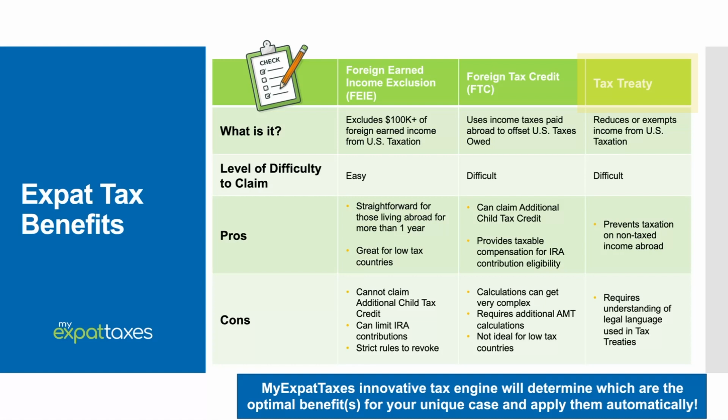And the next option is to use the tax treaty, if there is such. The US has entered into tax treaty agreements with many countries, not all countries in the world, but most of the countries in Europe do have tax treaties with the US. Again, I would say it's very difficult to use the tax treaties as a taxpayer to exclude income, because it usually uses very financial and tax jargon.